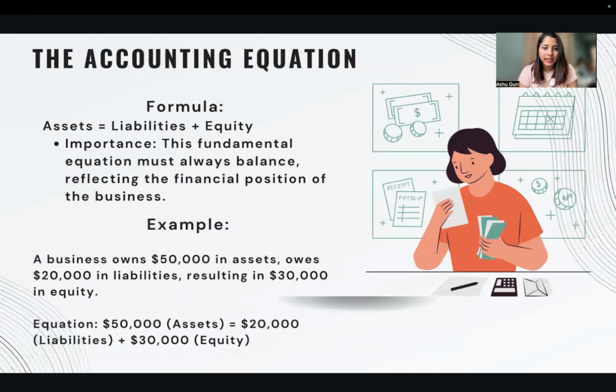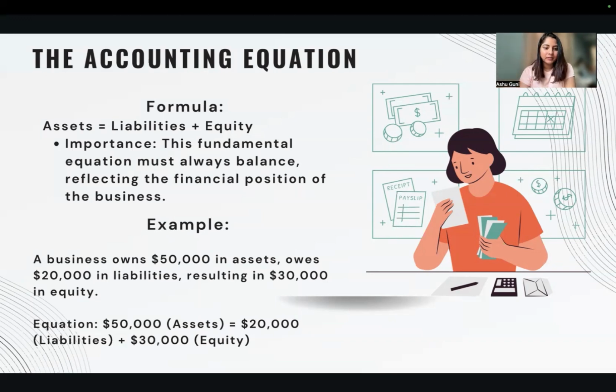We have the accounting equation, whose formula is assets equal liabilities plus equity. And this fundamental equation must always be balanced, reflecting that the financial position of the business is healthy. The balanced equation shows that the business has a very healthy financial position.